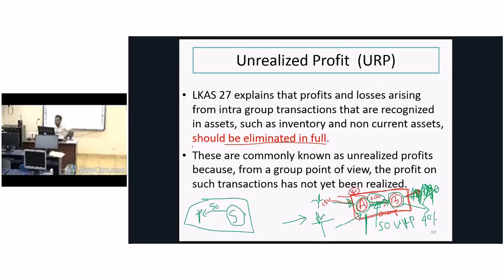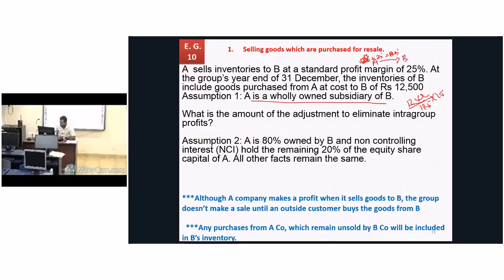Out of this 50, 40% is realized to the group, and the balance 60% is not realized. Therefore, the unrealized profit in that case will not be 50, only 50 into 60%, which means 30. That kind of scenario is discussed in this example.